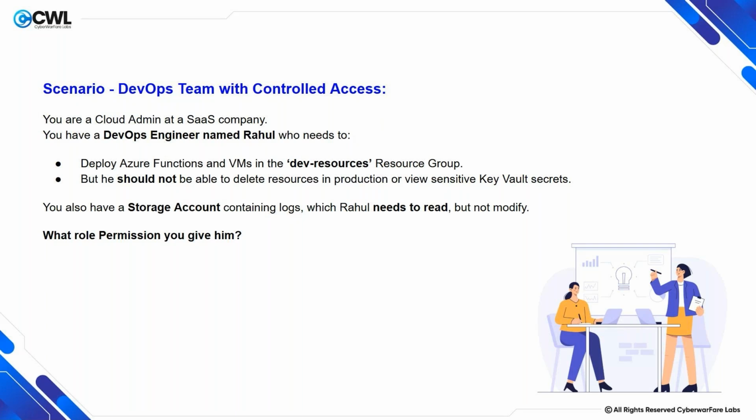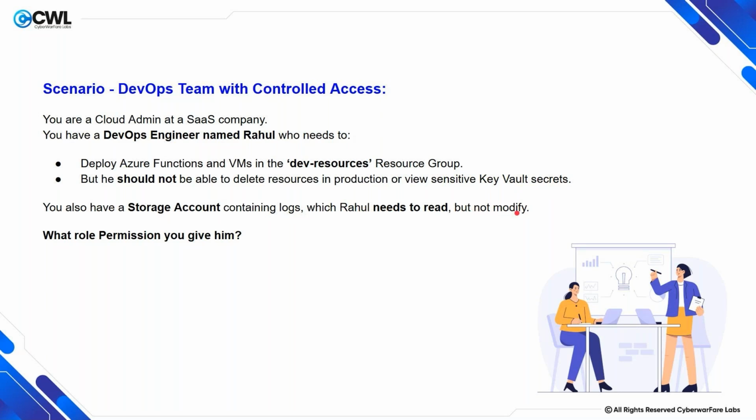You have a DevOps engineer named Rahul who needs to deploy Azure Functions and VMs in the dev resources resource group. Okay. But here, again, there is a but, which is that he should not be able to delete resources in production or view any sensitive key vault secrets. Okay. And you also have a storage account containing logs which Rahul needs to read but not modify.